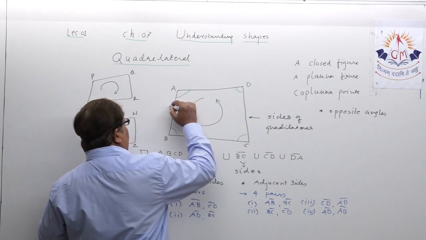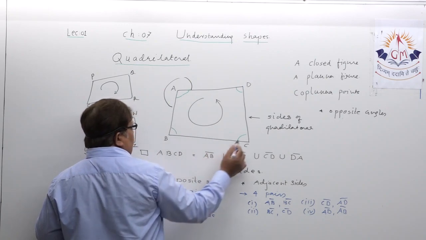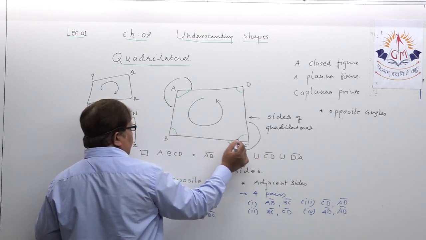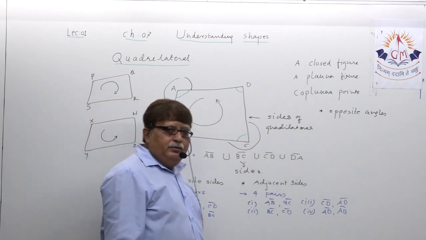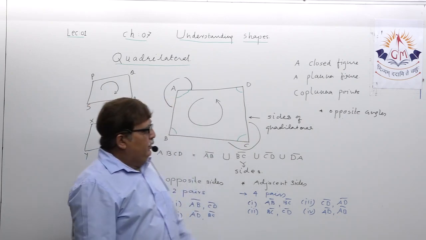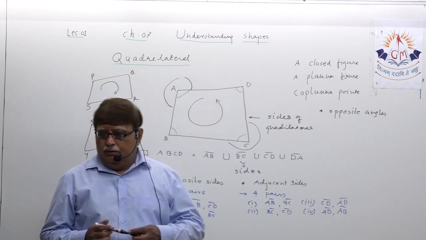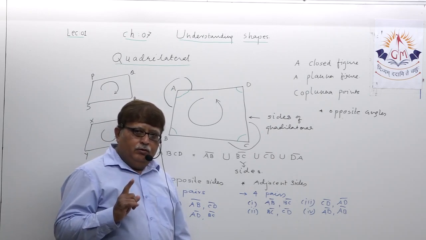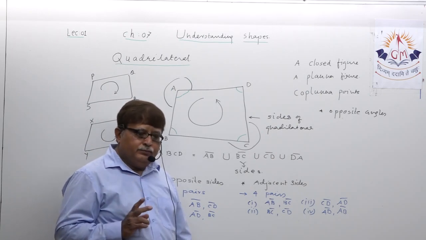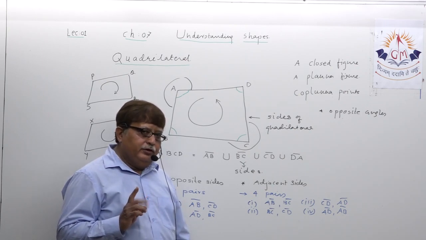Angle A has two arms, AB and AD. Angle C has two arms, CD and CB. No arms are common. So, dear student, try to understand the meaning of opposite angles. Two angles having no arm common are known as opposite angles.